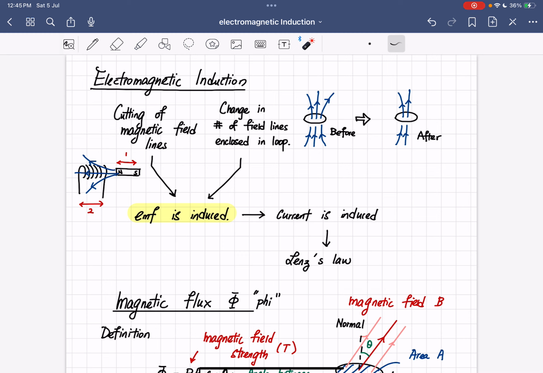A complete picture should look at the change in the magnetic field lines enclosed in the loop. But sometimes it's not really easy to imagine a loop. You remember another question we did in the past where we did not have a loop, we just had a wire. Then how do you consider this? Then it will be more convenient to use the concept of cutting field lines.